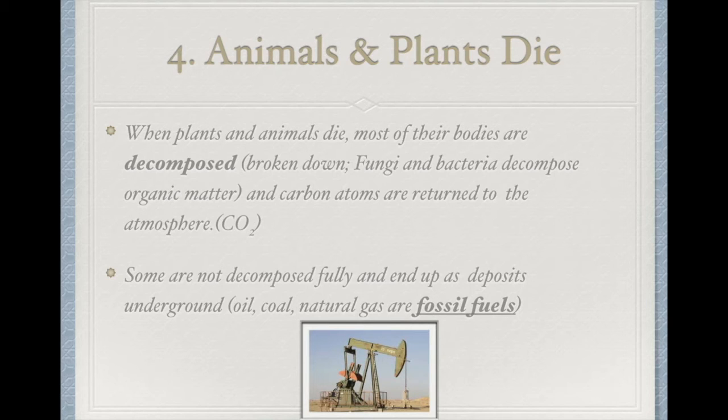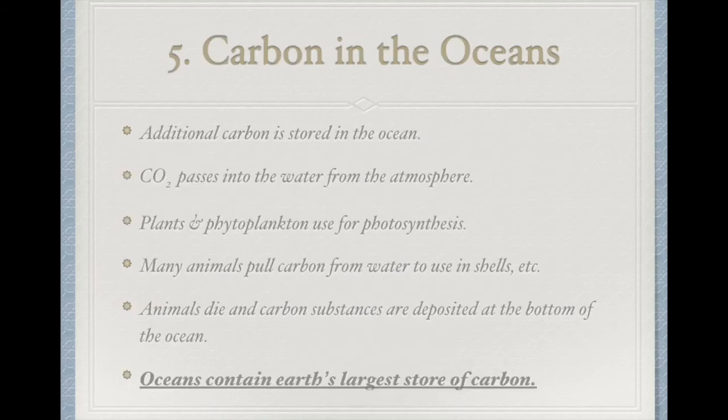We start off with plants breathing in CO2, animal eats the plant, they breathe out CO2, but not only do they breathe out CO2, but the carbon is inside them, so when they die, it gets broken down by bacteria and fungi. Now there's also carbon in the oceans.